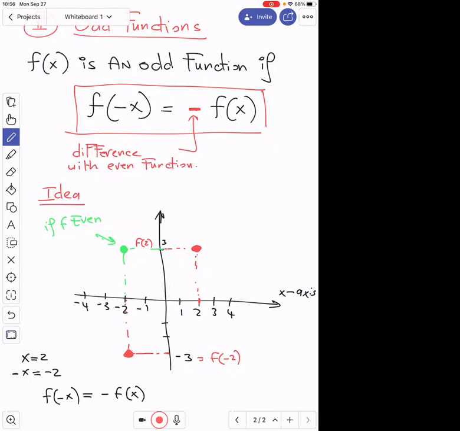So f of 2 and -2 would have the same image if f is even. But now for odd functions, f of 2 and f of -2 are going to be opposite, because f is odd. Then they're going to have opposite images, right?